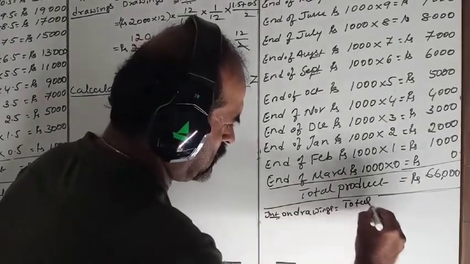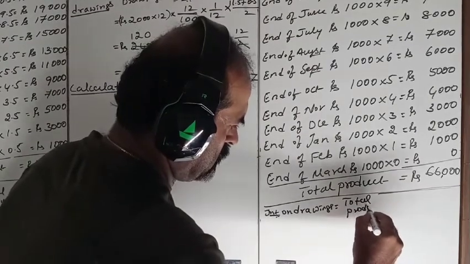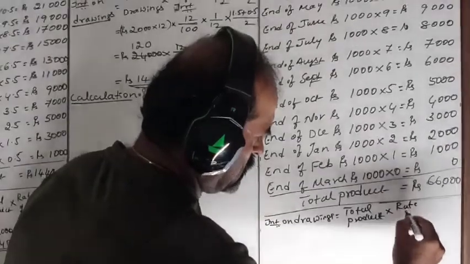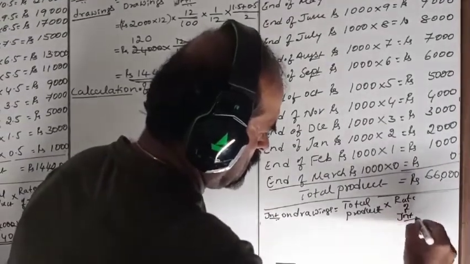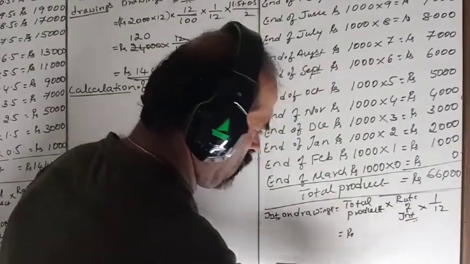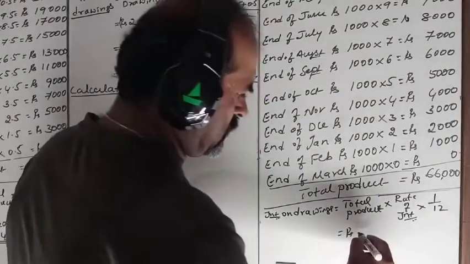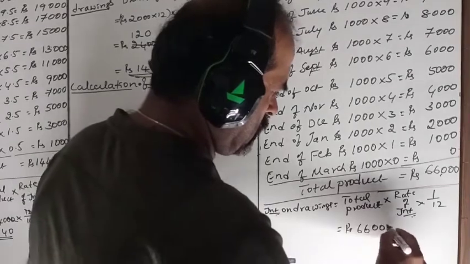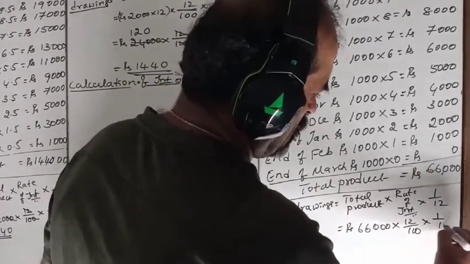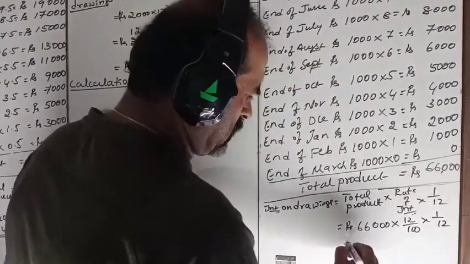Total product into rate of interest into 1 by 12. Total product already calculated, 66,000 at the rate of 12%. 1 by 12 is the common factor.